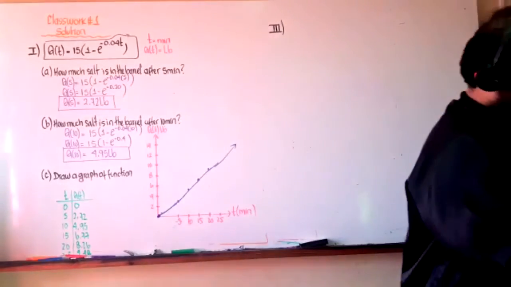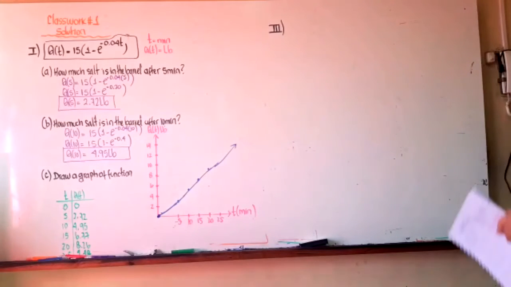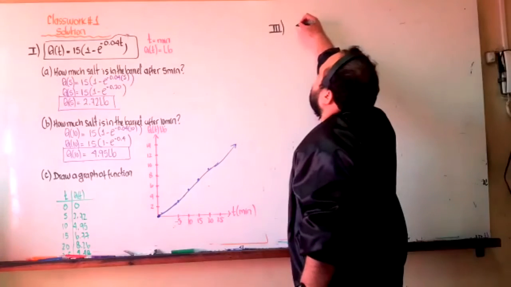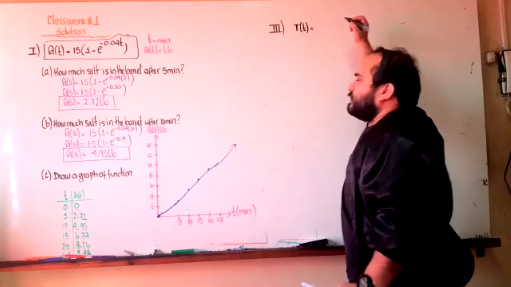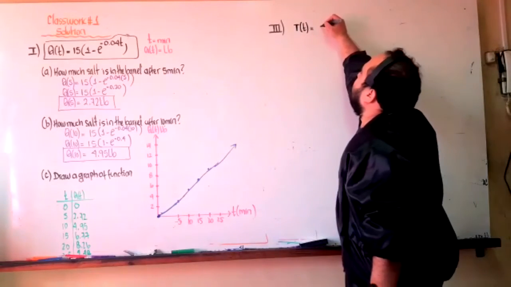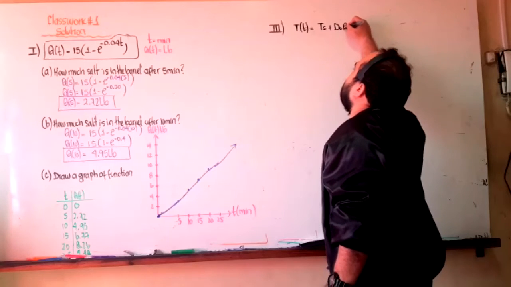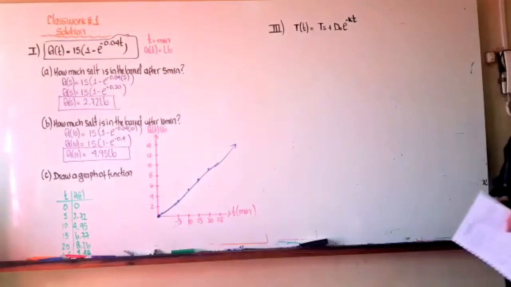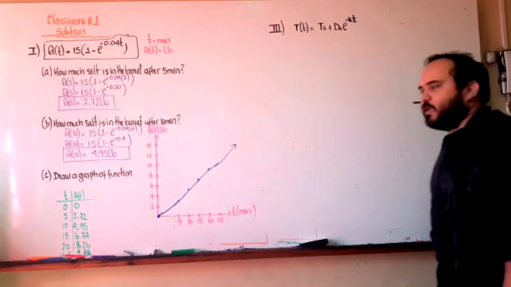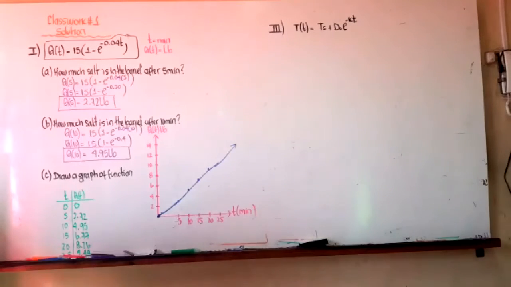Remember, in the last part Newton's law of cooling is given by the following equation: T(t) equals Ts plus D0 e to the negative kt. This is the model of Newton's law of cooling. We explained the nature of this single logarithmic equation a few weeks ago.